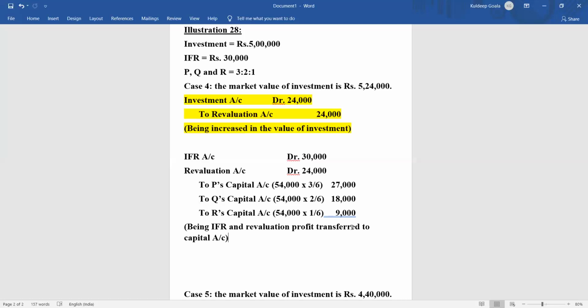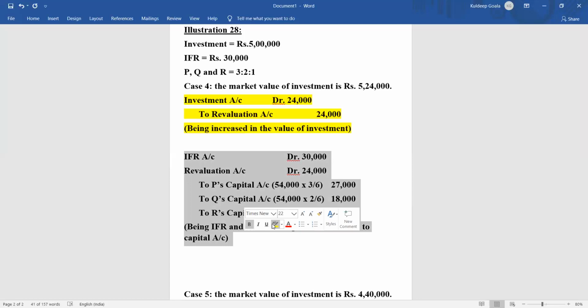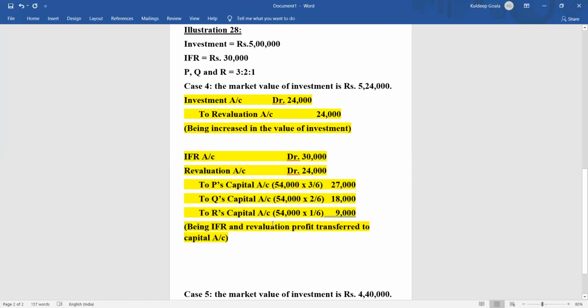Okay, let me highlight this one. This is how your whole scenario will appear.